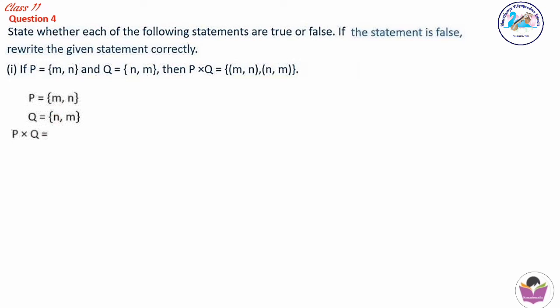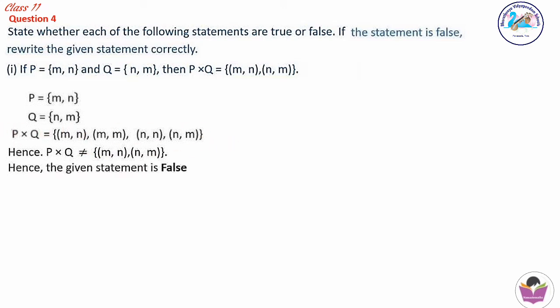M, N, M, M. So that is the first pair. Then N, N, N, M. So 4 elements are there. So it is quite clear the given P cross Q and our calculated P cross Q are not the same. Hence P cross Q is not equal to the given set, which is not equal to the actual P cross Q. So the given statement is false.